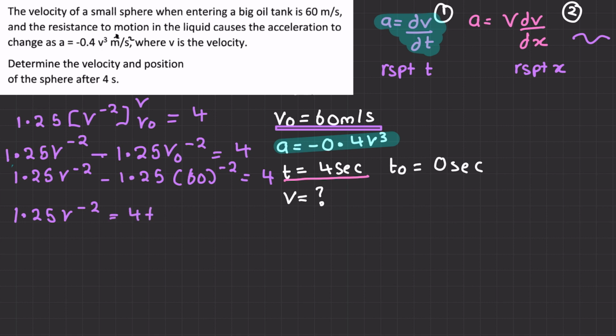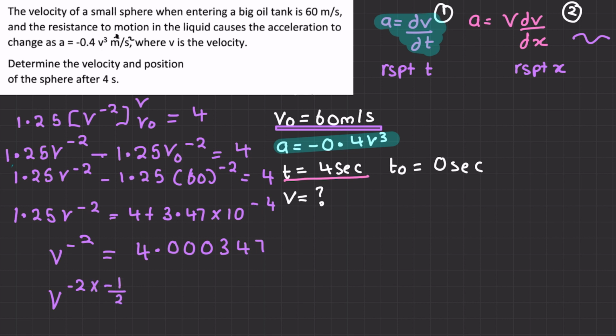equals to 4 plus 3.47 times 10 raised to power minus 4. v to the power of minus 2 equals to, we have to add all this up together. Basically 4, it's like 4.000347. So we have v to the power of minus 2 times minus 1 over 2 equals to this raised to power minus 1 over 2.